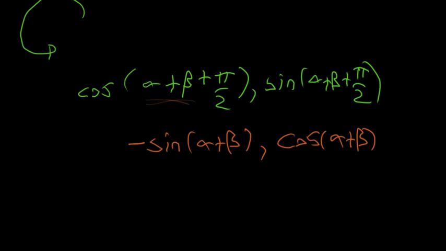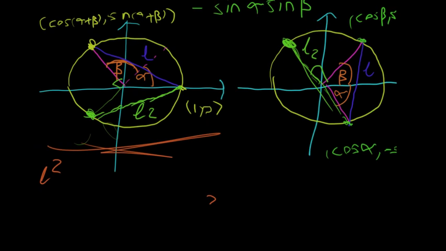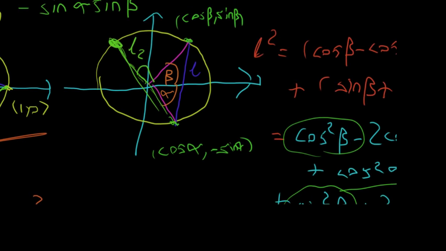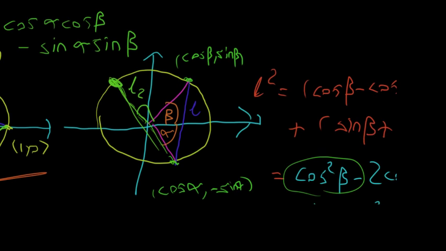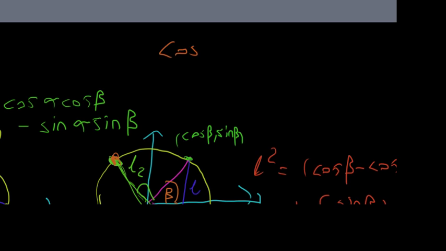So that's useful. Now I notice that cos alpha, sine alpha is still this point we're considering. This point up here is now going to have coordinates cos of beta plus pi over 2 and sine of beta plus pi over 2.